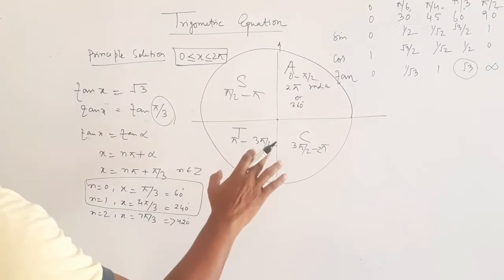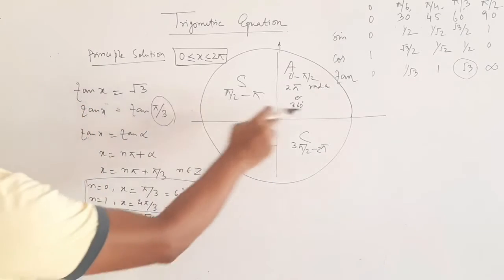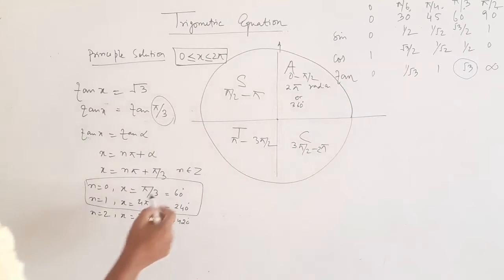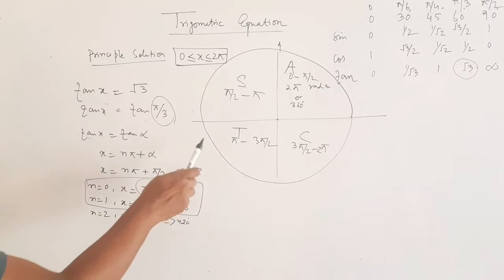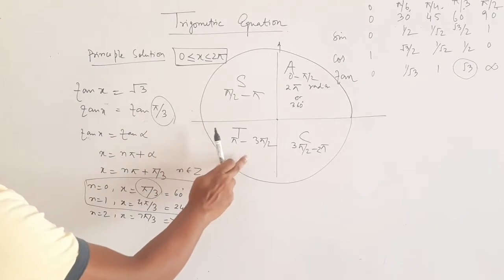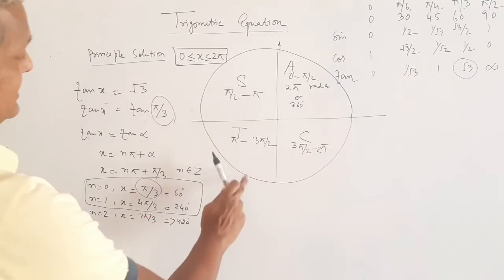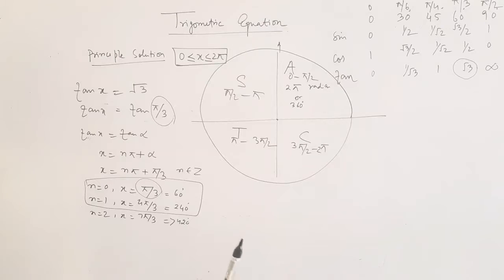Tan is positive in the first quadrant, so this first angle we are getting, pi by 3, is in the first quadrant. And tan is also positive in the third quadrant, which is more than 180 degrees and less than 270 degrees, or pi to 3 pi by 2. So this one gives us 4 pi by 3. This is case number 2.